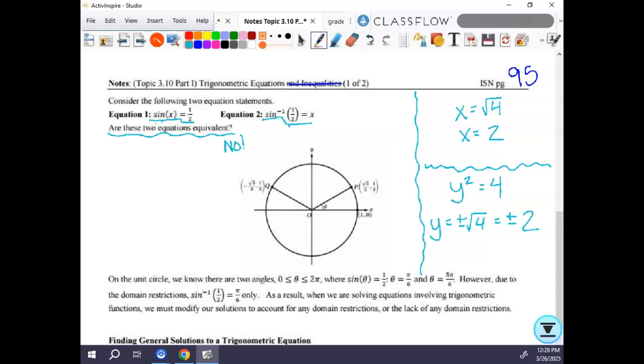Both of these situations have square root rules in them that we understand, right? But the rules are a little different depending on how it's presented to me, right? If I introduce the square root, I have to put a plus or minus. If the square root is already there, then that limits my possibilities. It's either just the positive, or if there was a negative in front of it, it would be just the negative.